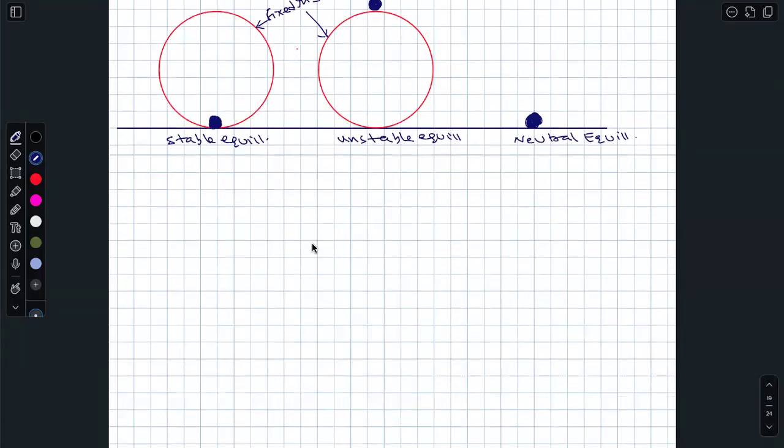Now, potential energy of a conservative field was given to you as a function like this: U is equal to ax square minus bx, where a and b are positive constants.